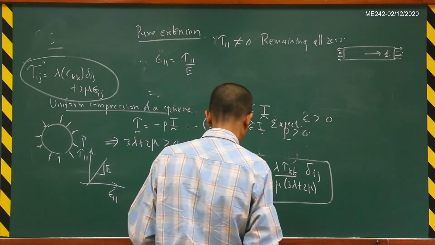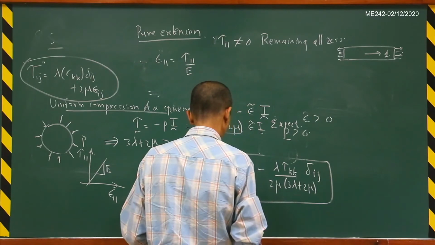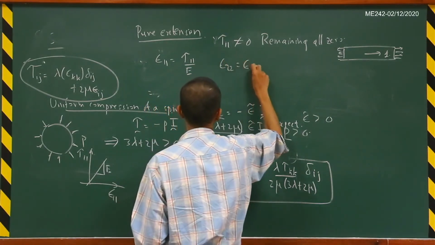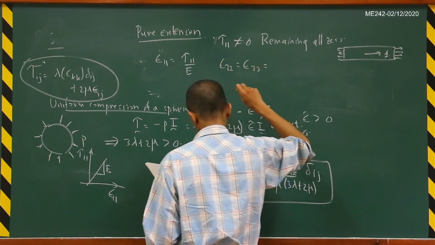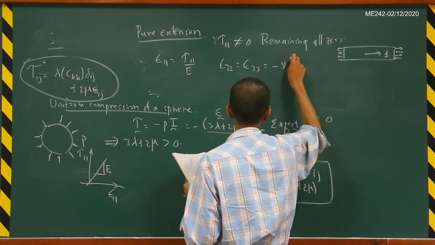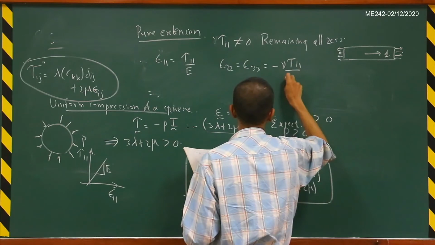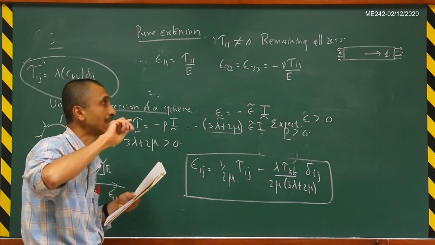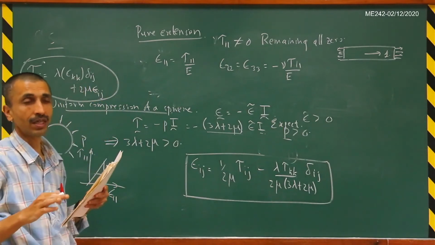So what you will get here is that epsilon 22 is equal to epsilon 33 is equal to minus mu times tau 11 divided by E. So if you recall your strength of materials, this is how we define the Poisson ratio, right?